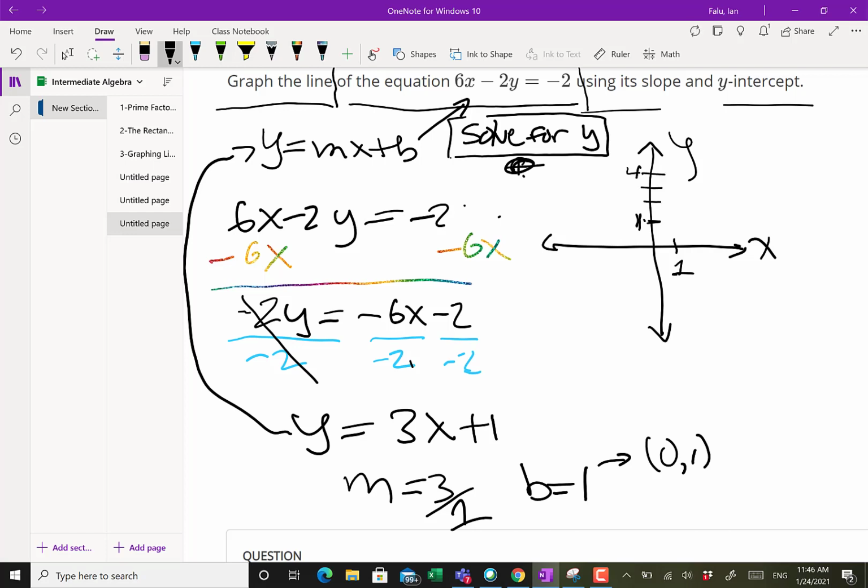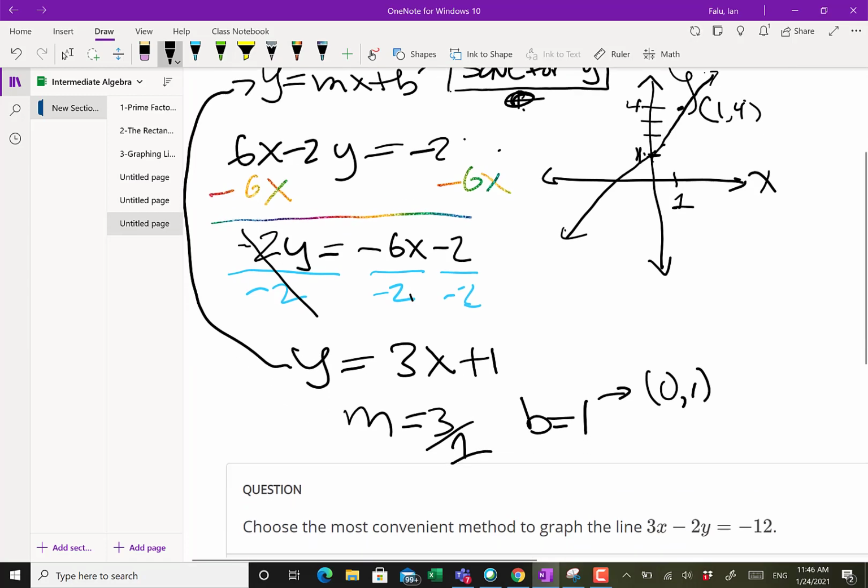So this point is 4. So that's my other point here, which is 1, 4, right? So it passes through that, right? I didn't hit the point, but that's okay. You know, my lines are kind of skewed.